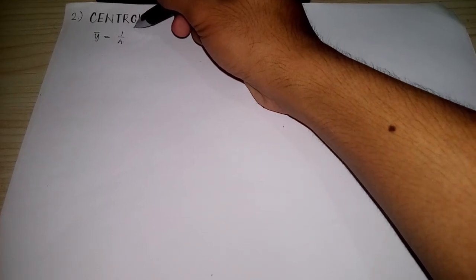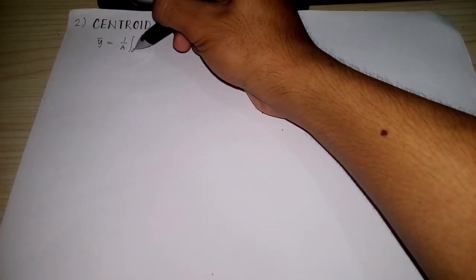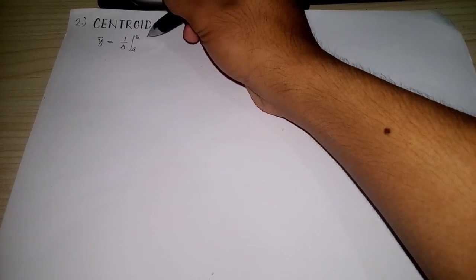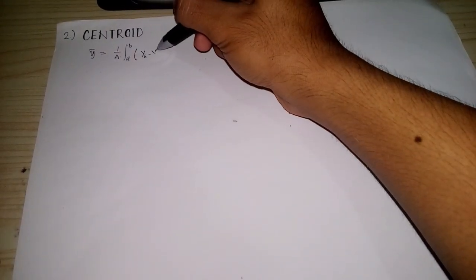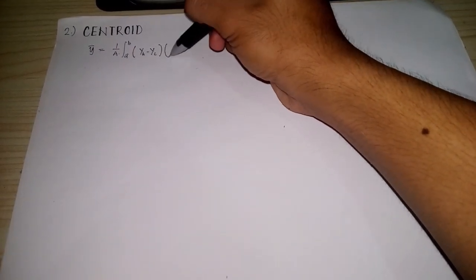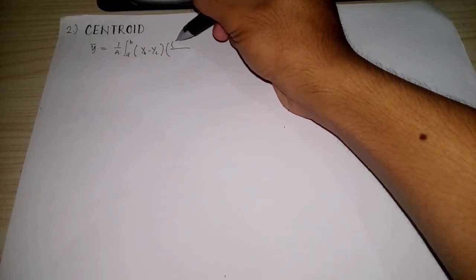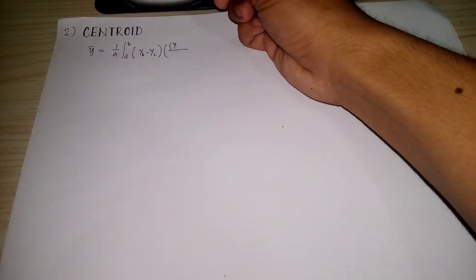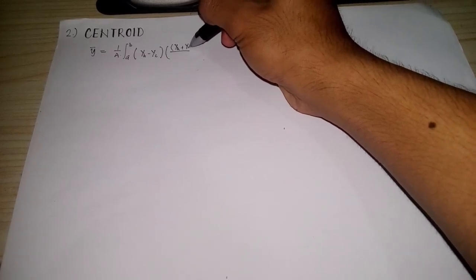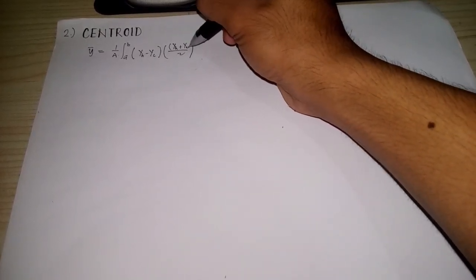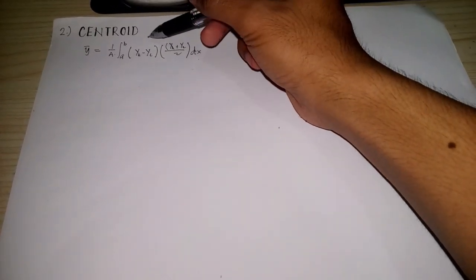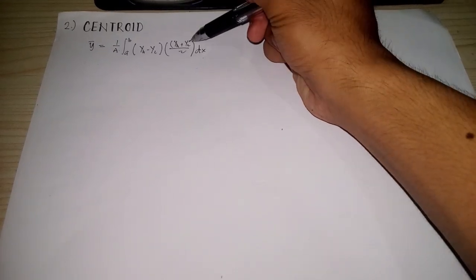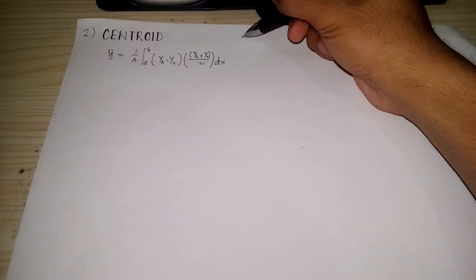So the integral from a to b, then this is y high minus y low times, from the numerator, y high plus y low over 2 dx. So this here is our differential area, and this one here is from the graph. So let's draw again our graph.